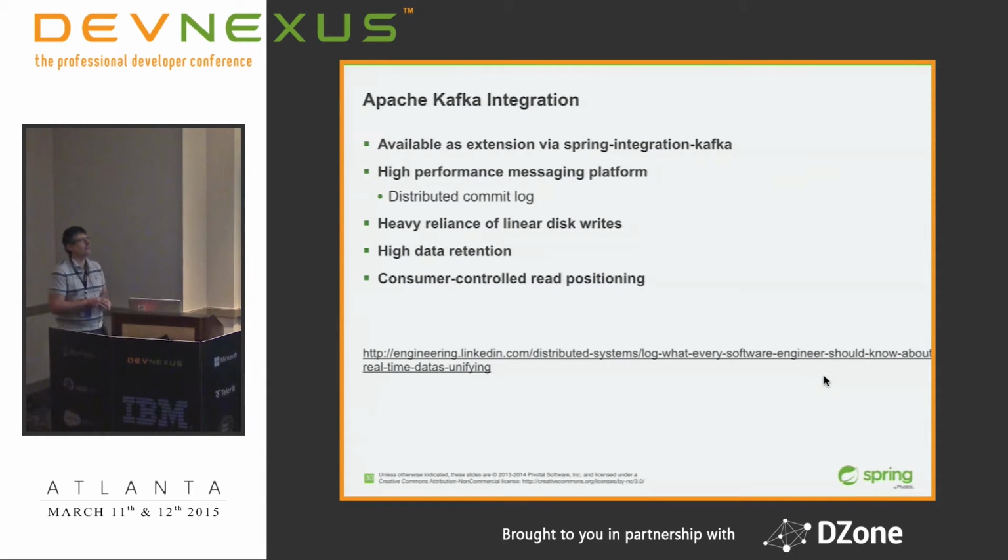Again, Kafka is, let's say, new, maybe not very new. It's been around for a while, but has gathered a lot of attention in the past couple of years. It's a distributed messaging system that works as a high-performance messaging platform, essentially applying the paradigm of a distributed commit log. What does that mean?